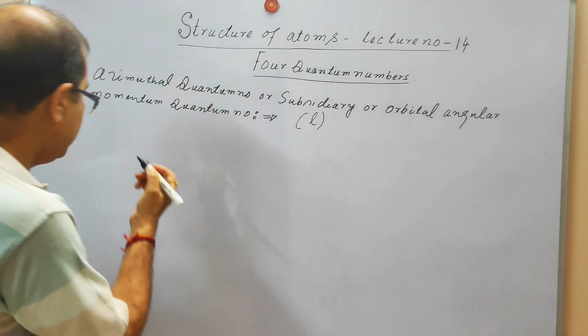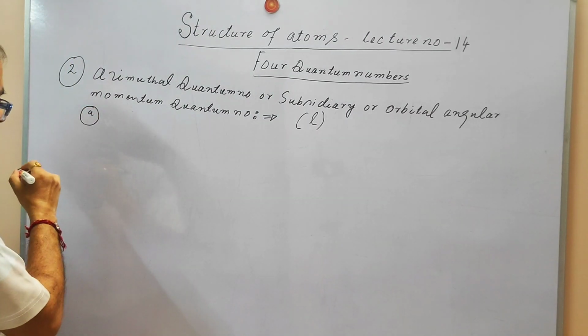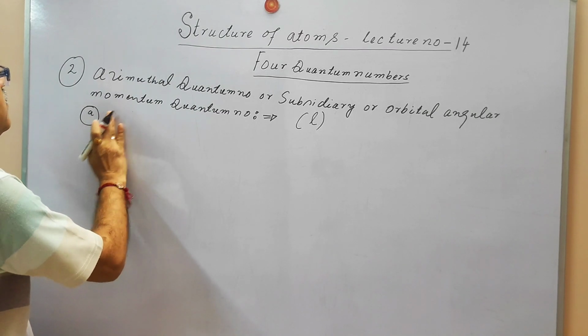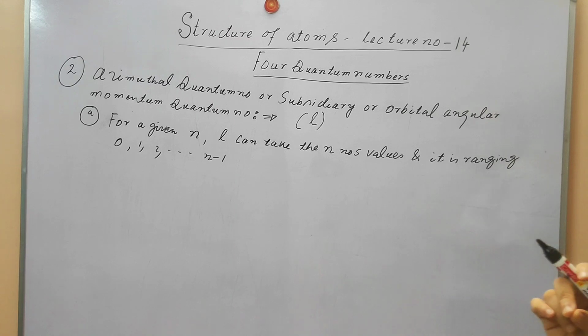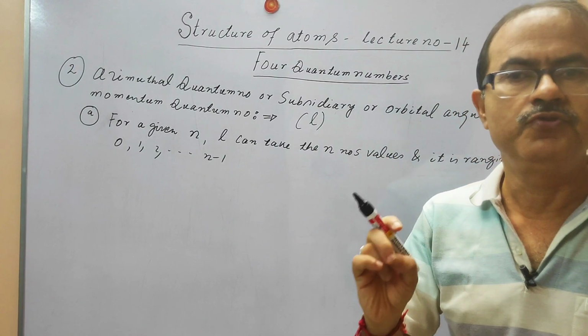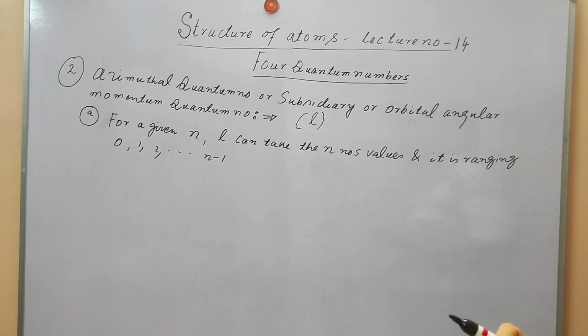So we can write this very important information: the azimuthal quantum number represents the subshell, and it depends on the principal quantum number n.